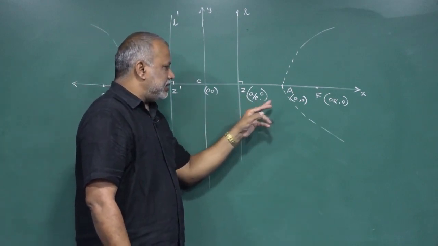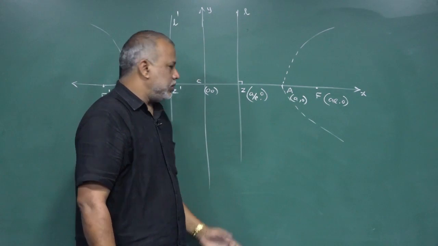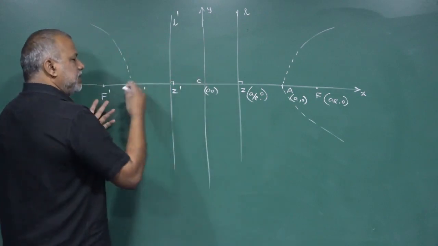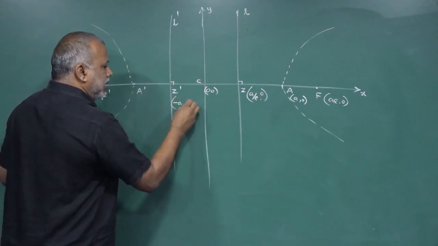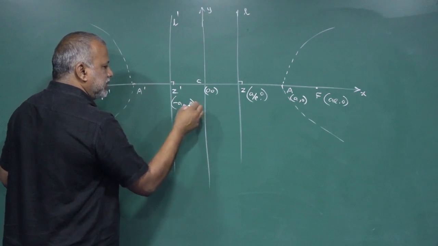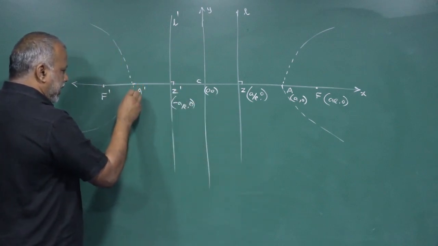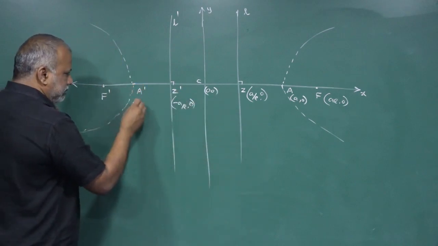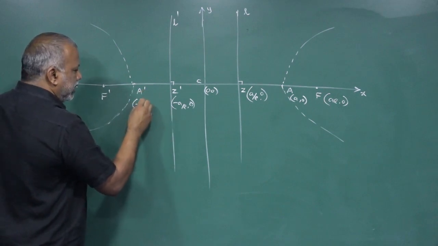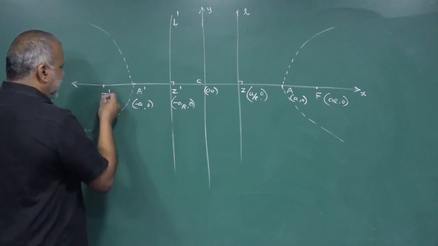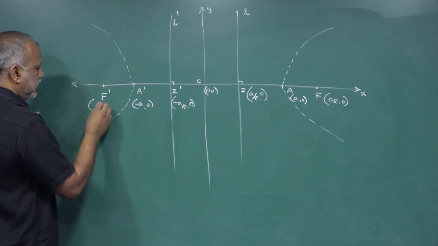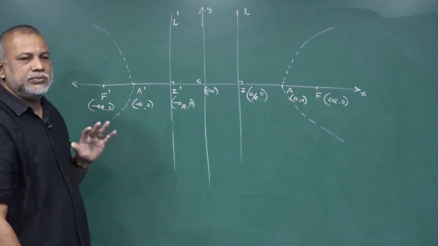In the same way, on the other side, it is (-a/e, 0), because of the symmetry it must be equidistant. Now A dash must be the other vertex, (-a, 0). Then F dash must be the other focus, (-ae, 0). This is the basic concept.